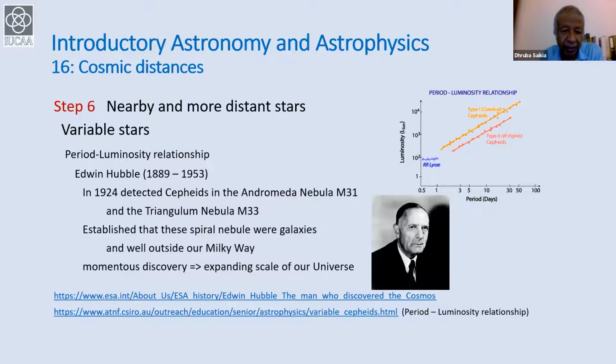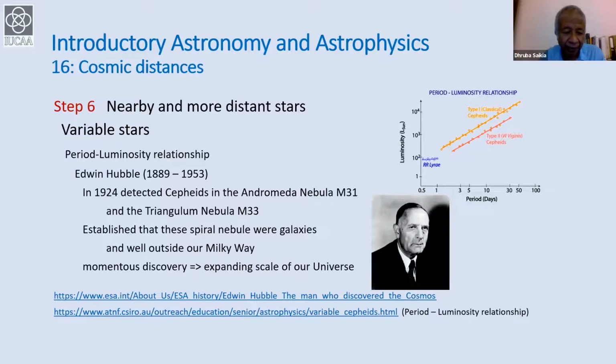And while the debate was still on earlier whether these were island universes like our own, as Immanuel Kant described it many years ago, it was established without any doubt once you could identify Cepheids in these galaxies and discover their distances and find that they far exceed the known size of our galaxy. So these established that these spiral nebulae were indeed galaxies.